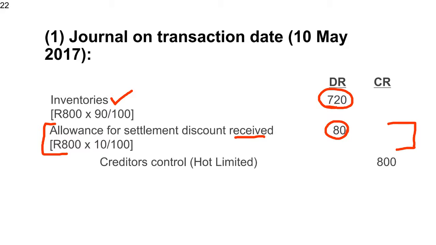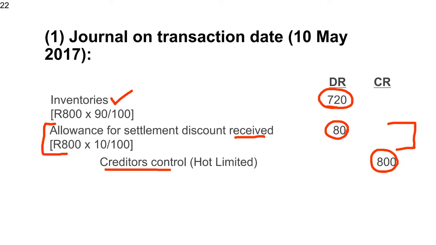That's the idea between the negative elements, right? So remember the negative asset that we dealt with in revenue, it works in the opposite way as an asset, but when we present it, the two amounts must be net. Same story here, negative liability. We've got the settlement discount received of 80 Rand. When we present it, it'll be netted off against this creditor, which is recorded at the full 100%.